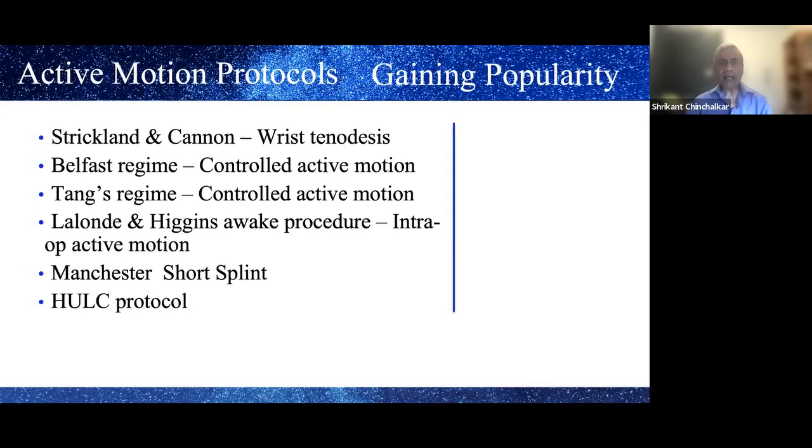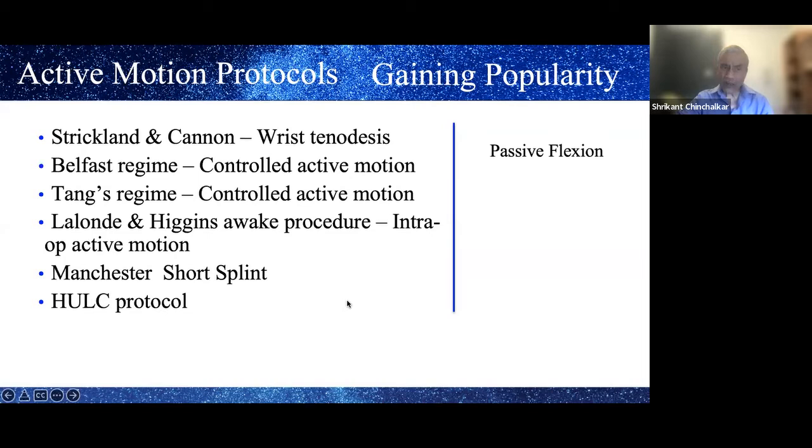But if you look at the true active motion protocols, we can see that Strickland and Cannon allowed the patient to perform wrist tenodesis. That means wrist flexion with finger extension, wrist extension with finger flexion in a tenodesis manner, passive flexion and gentle hold. So that is still causing somewhat of tendon gliding.